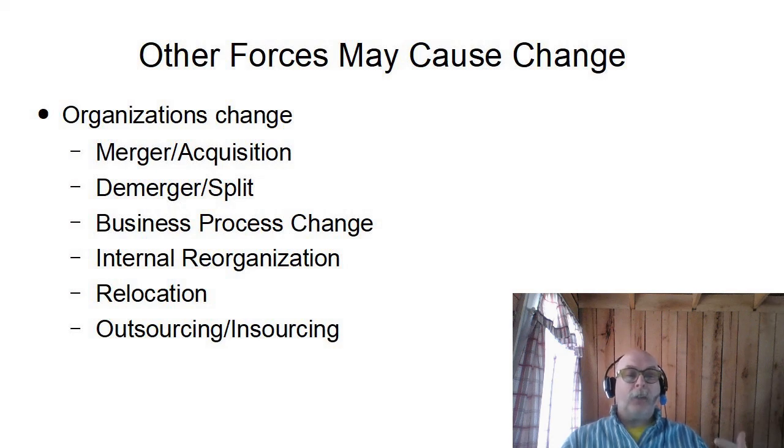Is that going to change maybe even the whole product? Possibly. A demerger or a split, which is the opposite of an acquisition merger, where a company gets broken up into multiple pieces. What happens when you have a resource you're using and you split the company into two companies or two divisions, and that resource goes to the other division?